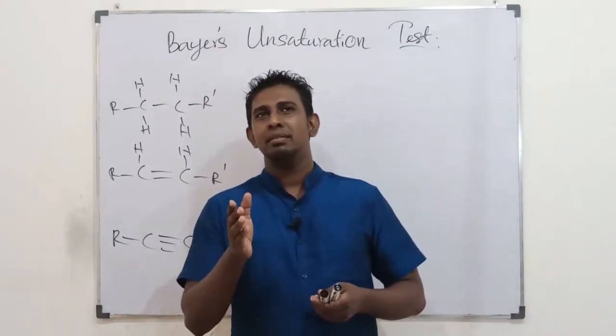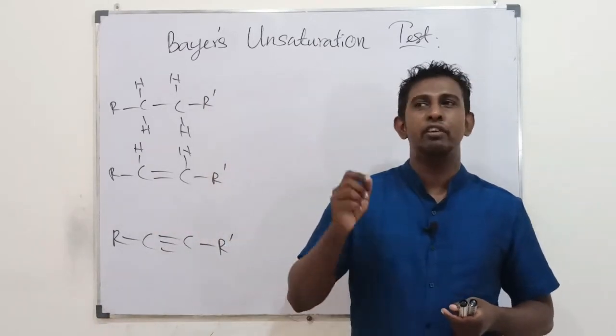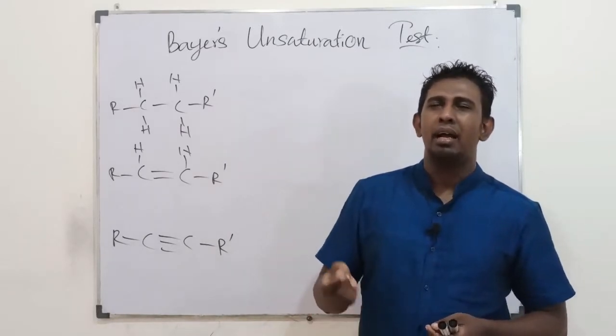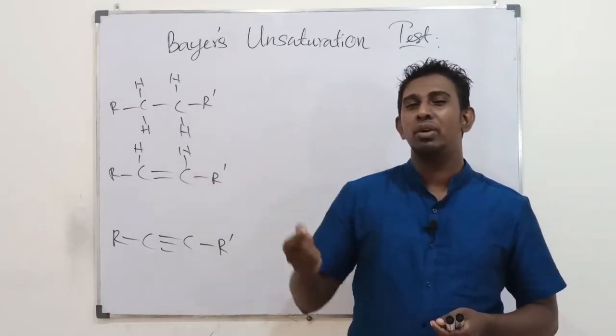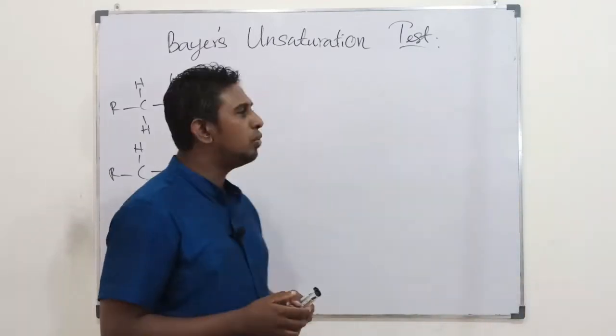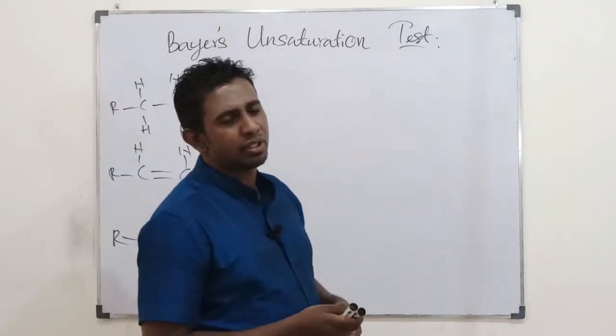We have done that reaction with bromine water or liquid bromine in carbon tetrachloride. Bromine in water or carbon tetrachloride is brown in color. So students, bromine could react with alkenes and alkynes but not with alkanes.